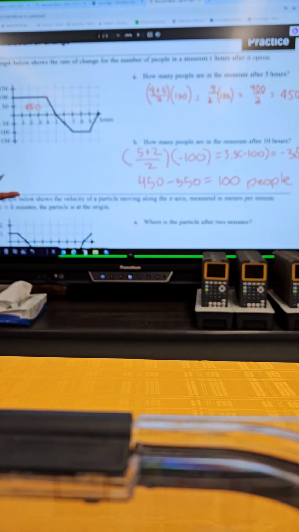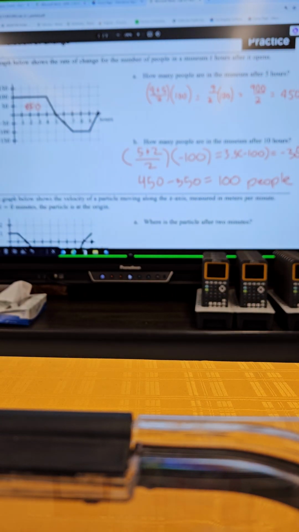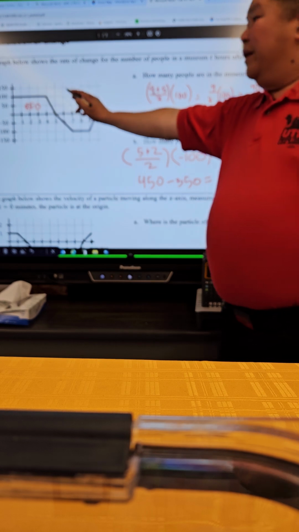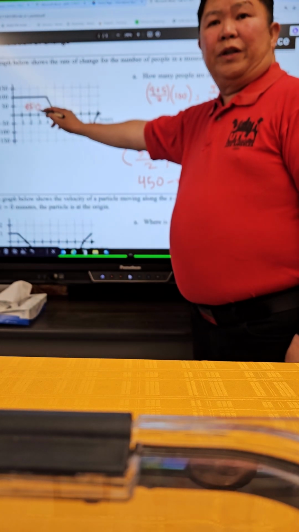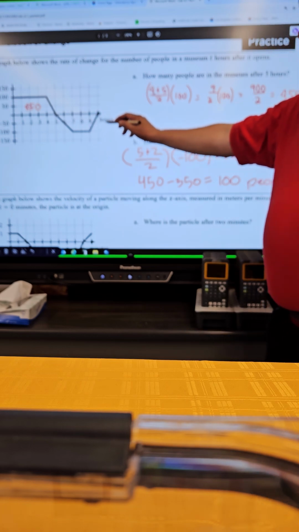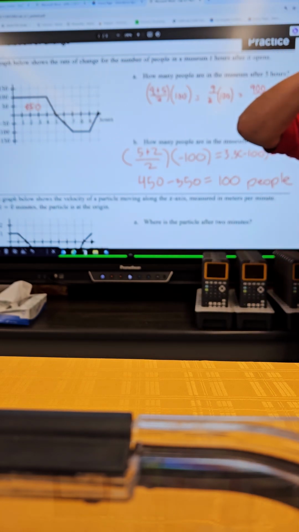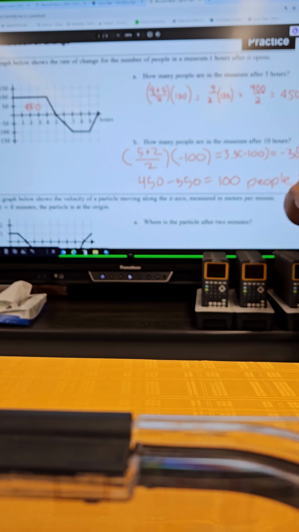All right, 100 people after 10 hours. Shall we give some a round of applause? Any question on letter B? Now, the accumulation of change on the first figure is 450 people, while the second figure right here, since this is below x, that means negative.